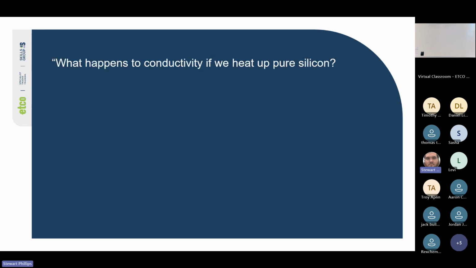Cool. So what happens to conductivity if we heat up pure silicon?